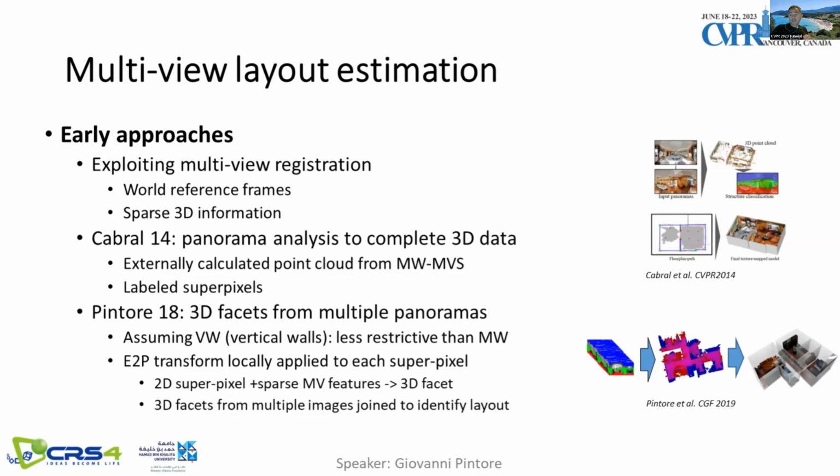In this work, 3D information is recovered directly from image registration, and the spatial transform is applied locally to each superpixel in order to transform each superpixel into a 3D face. So 3D faces from different images can be joined together to obtain the floor plan.